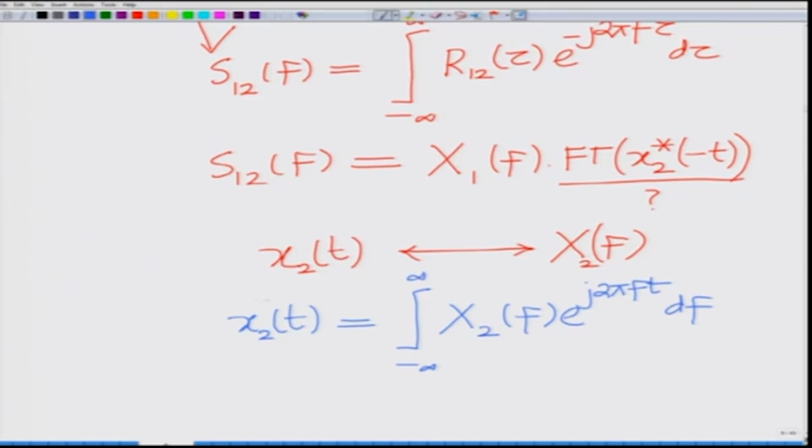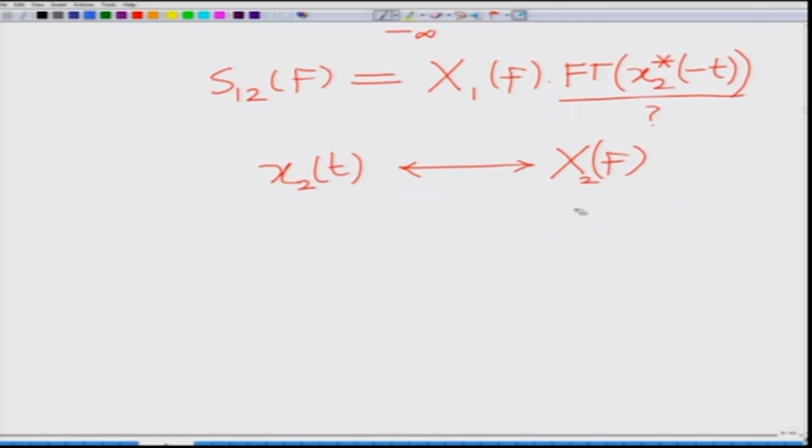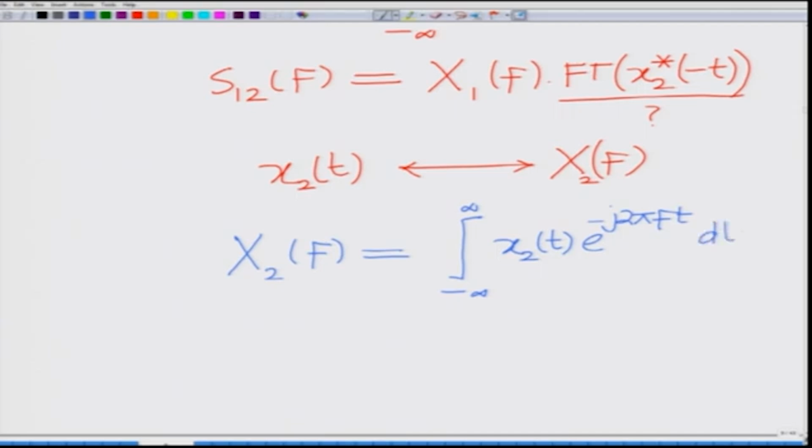Consider the conjugate of this. If I replace t by minus t, and consider the conjugate, rather than the inverse Fourier transform, let us look at the Fourier transform, that is X2(f) equals the integral from minus infinity to infinity of x2(t) e to the power of minus j 2 pi f t dt.